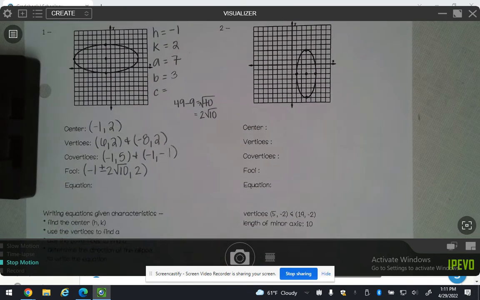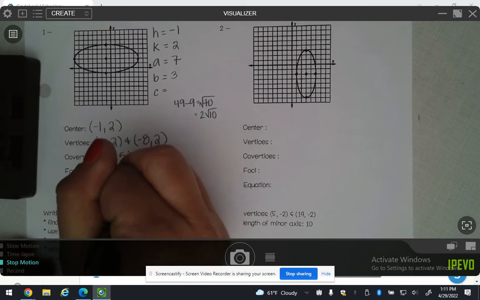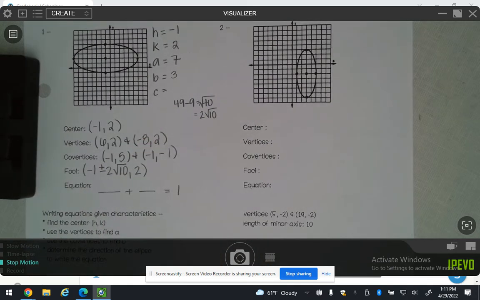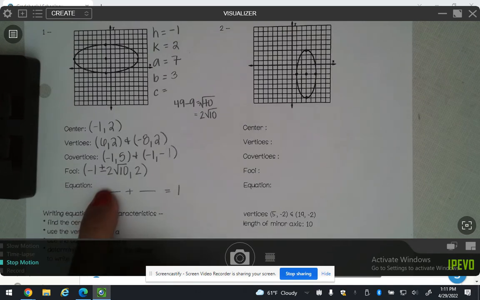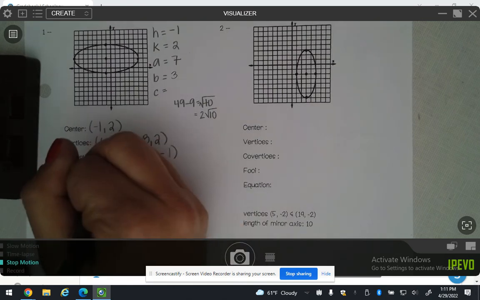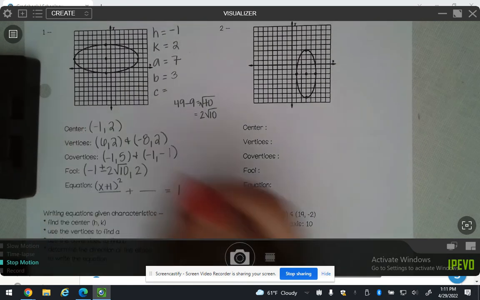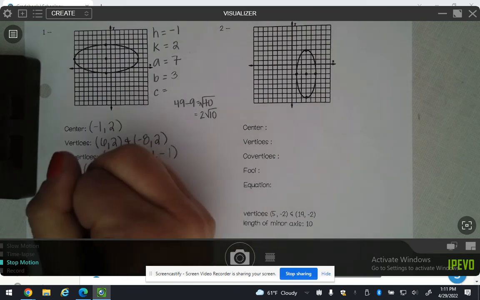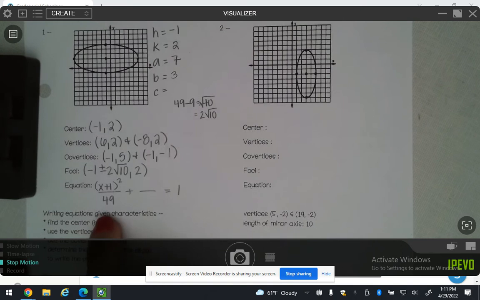Equation. It's got to be something plus something equals 1. Top left. X minus H. What does that become? X plus 1 the quantity squared over what? 49. That's A squared.